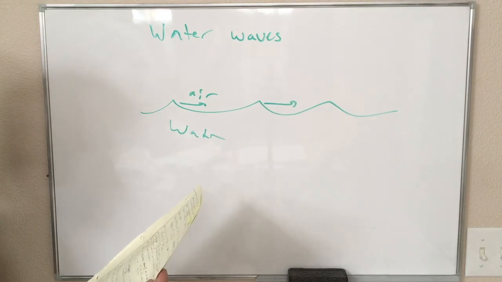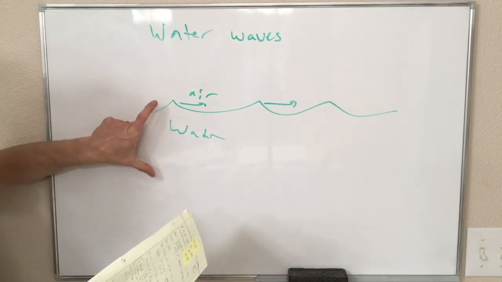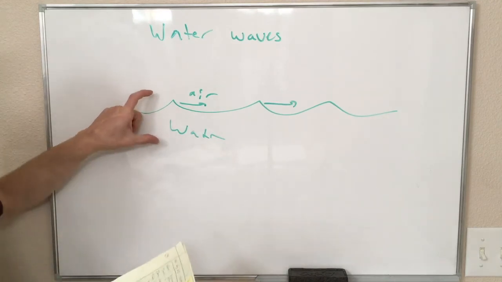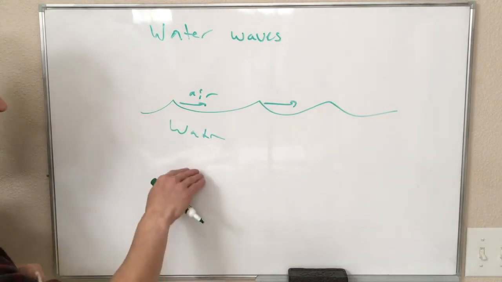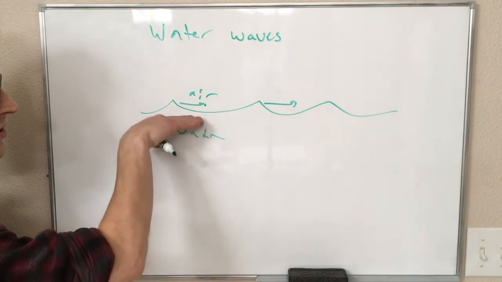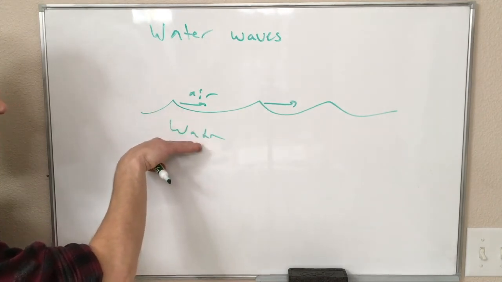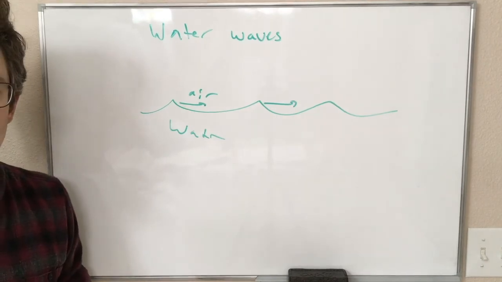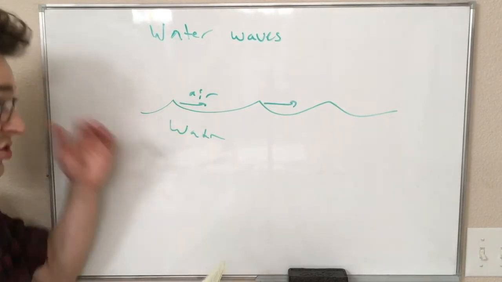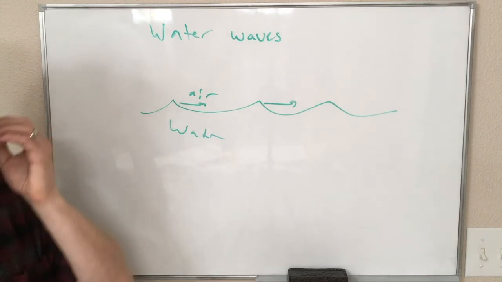And that is, if our water is shallow, the velocity actually depends on the depth of the water. So if our water is super shallow versus a little shallow versus a little bit deeper, the velocity of these waves changes. The shallower it is, the slower they go, I believe.